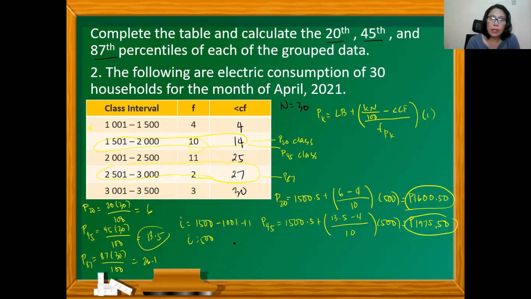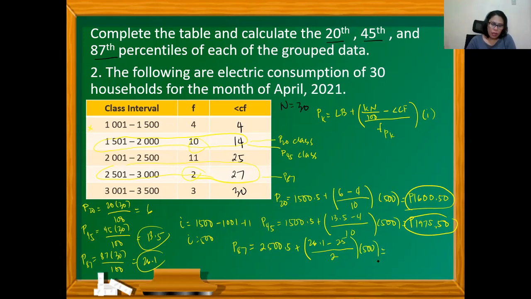And for P sub 87, the lower boundary is 2,500.5 plus 26.1. The less than cumulative frequency is 27, and prior to this is 25, so this is minus 25, all over the frequency of the percentile class, 2, and then multiplied by the class size, 500.